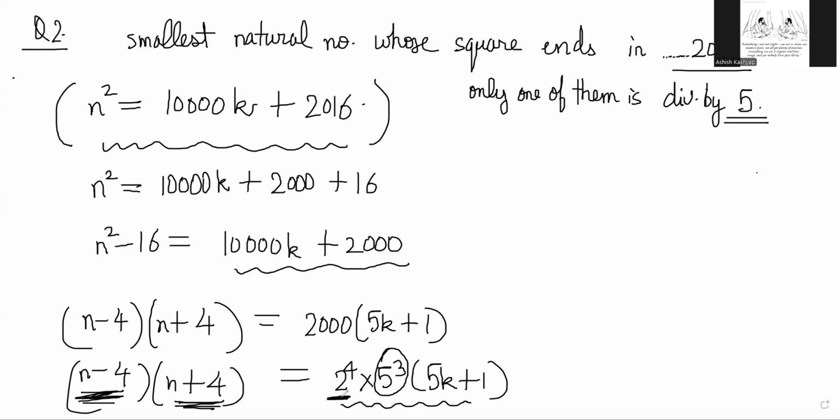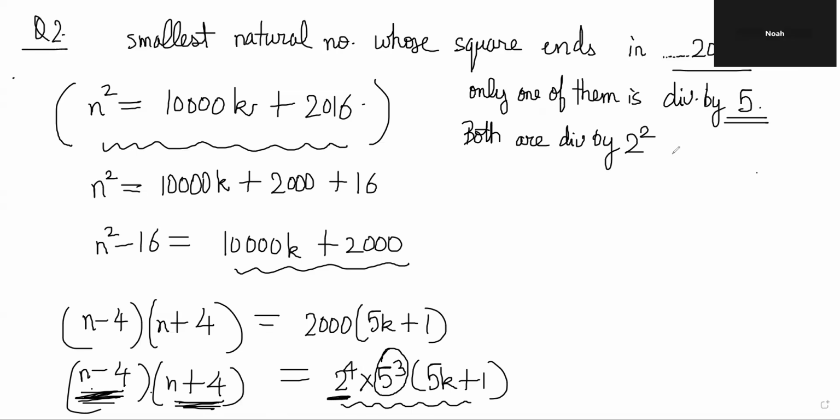Now let's focus on 2 power 4. What are the possibilities? Both the numbers are divisible by 4, both are divisible by 2 square, right? Or is it possible that one of them is divisible by just 2 and the other one is divisible by 8? Let's say n minus 4 is equal to 2k and n plus 4 is divisible by 8.